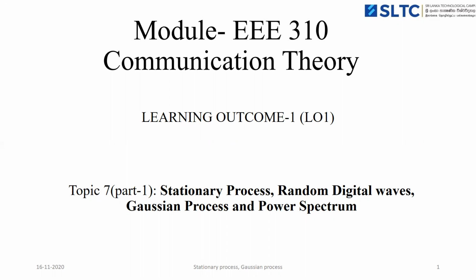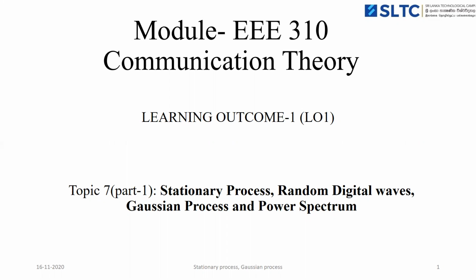Stationarity in the first order is checked by finding the distribution function of the given random process or by finding its mean value. If the mean value is constant, then we can say that it is stationary to the first order.